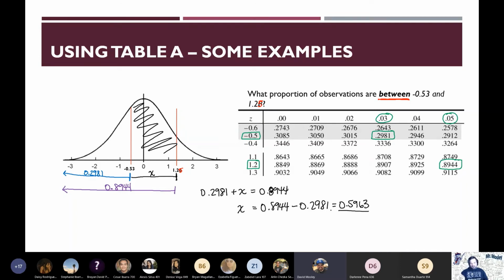Right, which again we could say is a percentage of 59.63% of the observations lie between negative 0.53 standard deviations and 1.25 standard deviations of the mean. Okay. What questions do you have? What can I make more sense of for you?